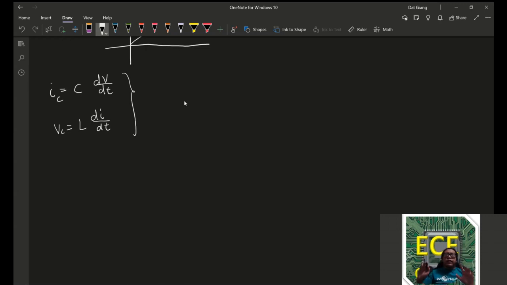However, as we'll see later on, there's no intuitive direction for this until we convert it to phasor, in which case VC is equal to XC, which is just the reactance, times the current.